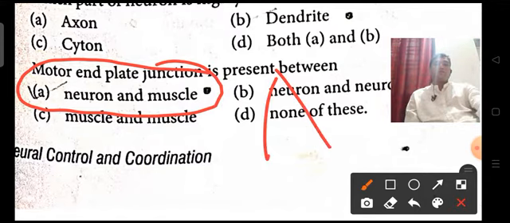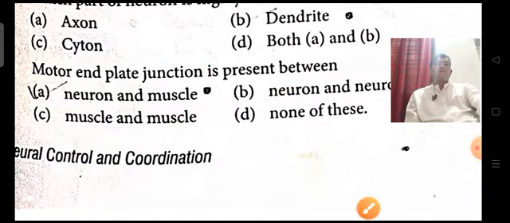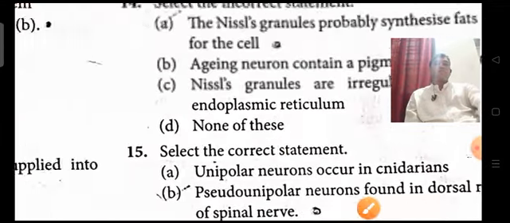Option A is the answer: the motor end plate junction is present between the neuron and the muscle.